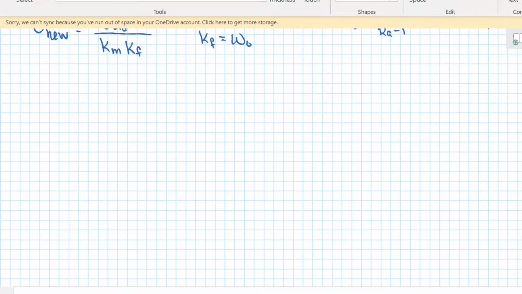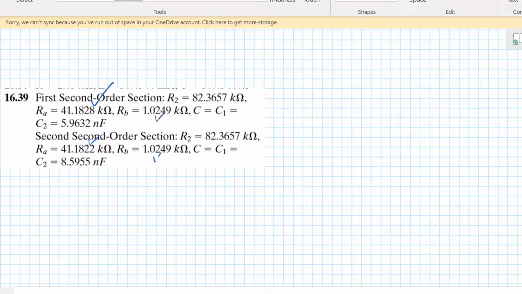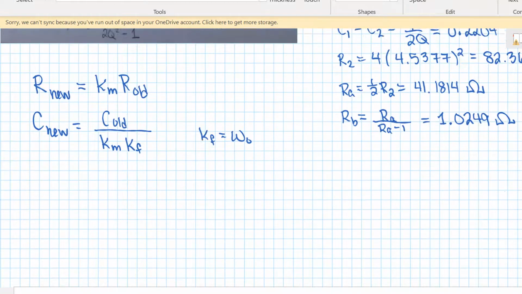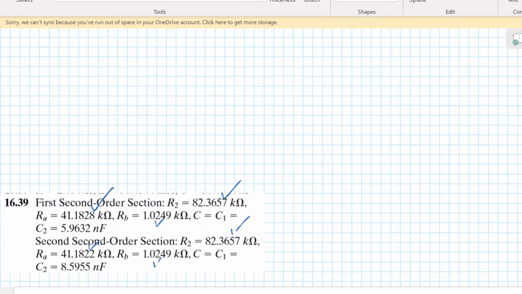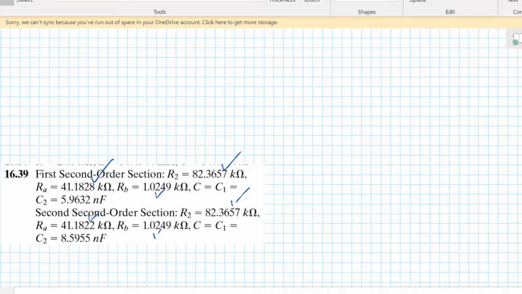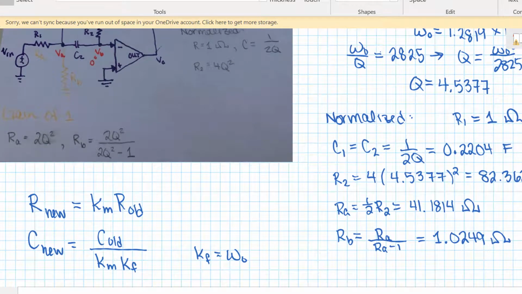Is that what I got? 1.0249. And then R2, 82.3657. I already talked about that one. Okay, so now I have to find the capacitor values. And they do have C1 and C2 equal, which is what I also had.